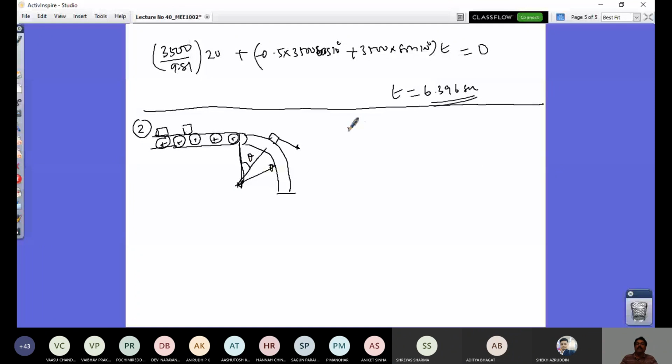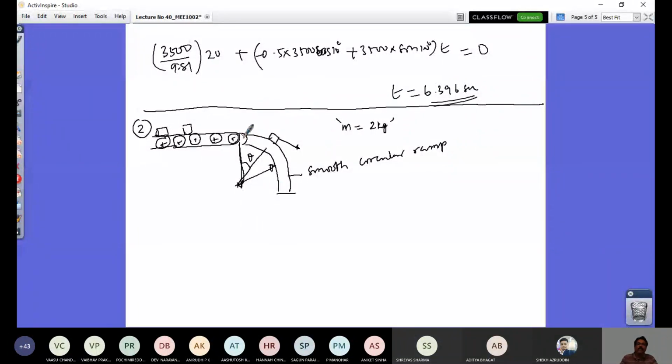Packages having a mass of 2 kg each are delivered from a conveyor to a smooth circular ramp with a velocity of 1 meter per second.